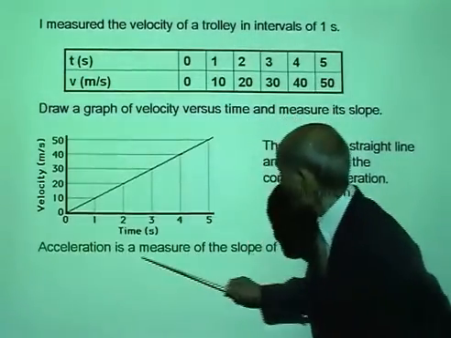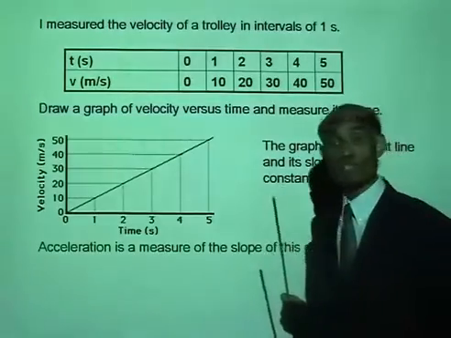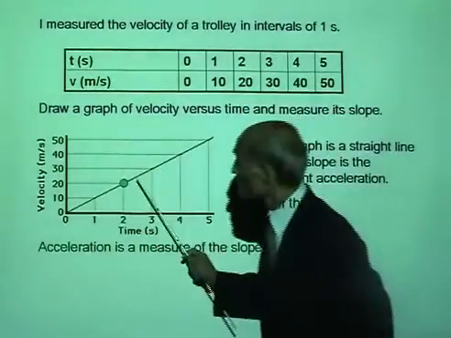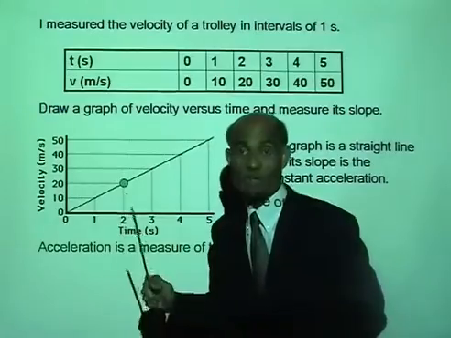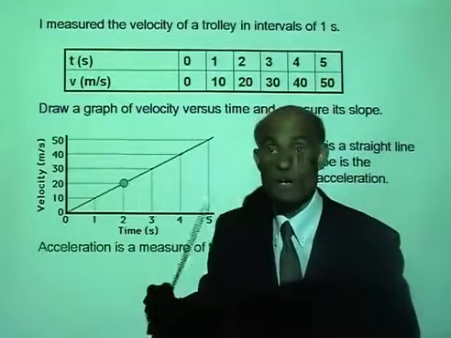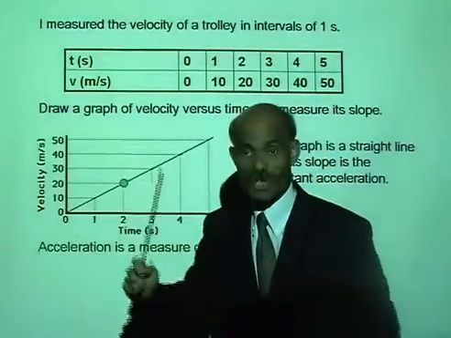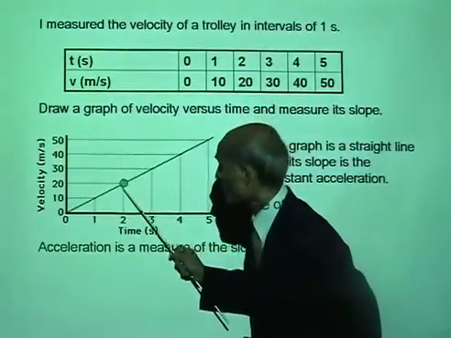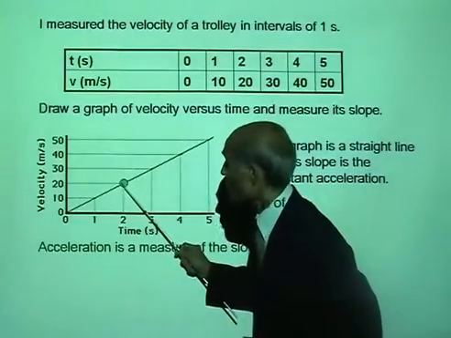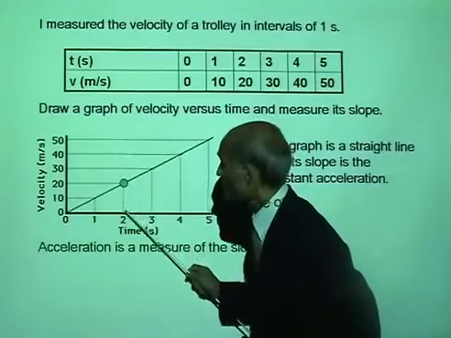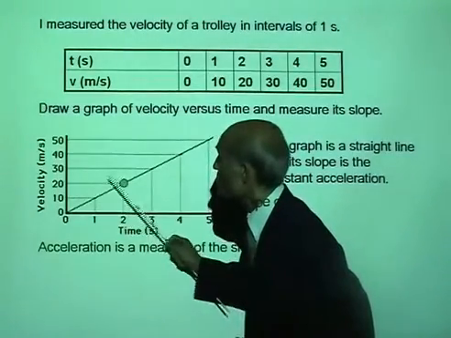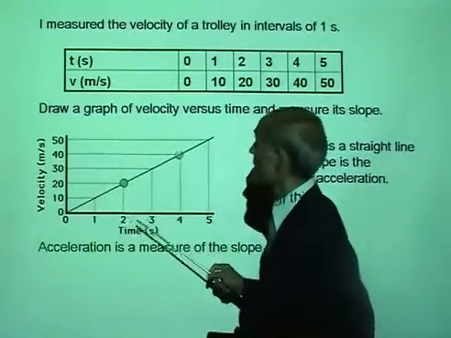Now, acceleration is a measure of the slope of the graph. I'm going to take 2 points. Now that's what we do. Take 2 points on the graph in order to calculate your slope. Alright, I'm going to take this point. What is the name of that point? Its x value is 2, y value is 20.